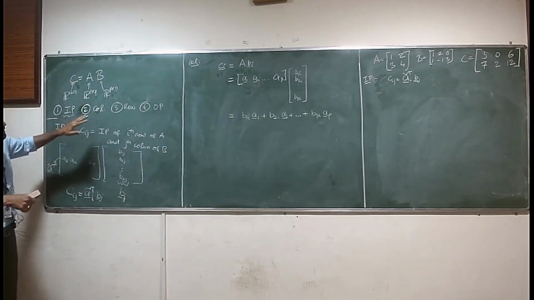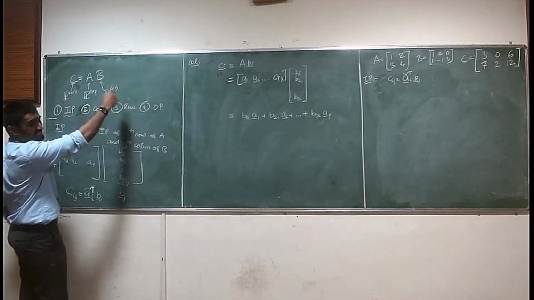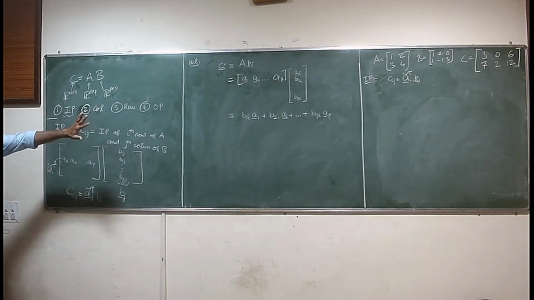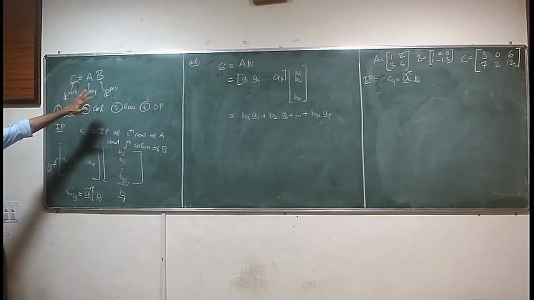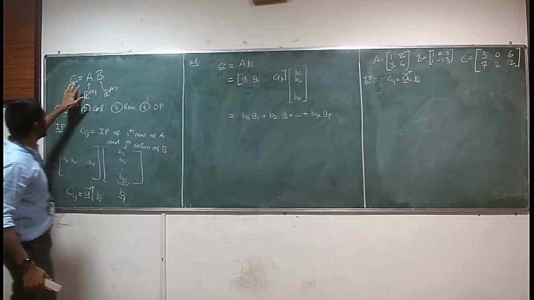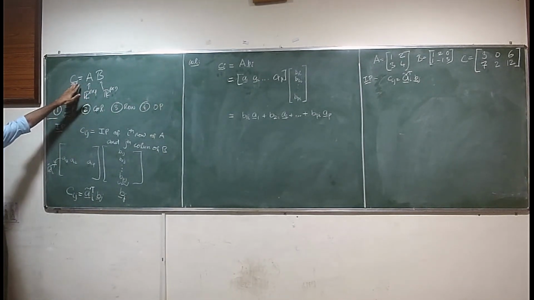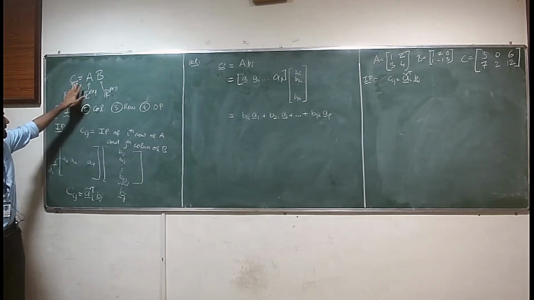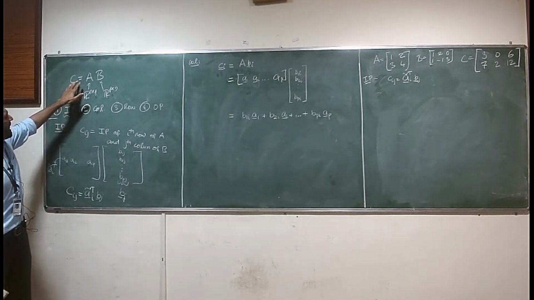See, the nice thing here is, maybe that original expression we had, where Cij is the sum of Aik and Bkj, is too complicated. But the column view at least gives you a nice way of looking at what is there in C. You can look at the columns of C completely independently of each other.